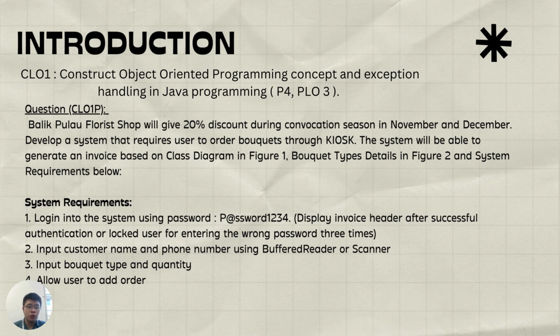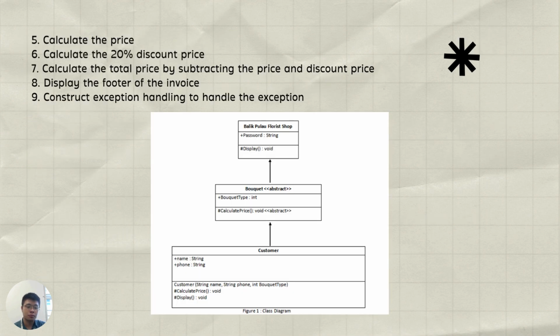Third, input bouquet type and quantity. Fourth, allow the user to add orders. Fifth, calculate the price. Sixth, calculate the 20% discount price. Seventh, calculate the total price by subtracting the discount price from the price. Eighth, display the footer of the invoice. Ninth, construct exception handling to handle the exceptions.